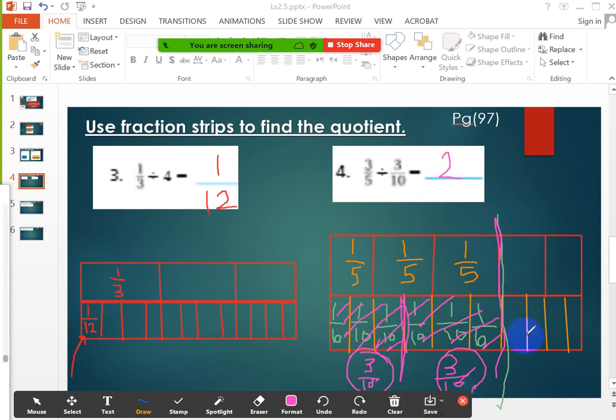So I will stop here because I want until 3 over 5. I will not continue. How many groups? I have 1 and 2. That means I have 2 groups.